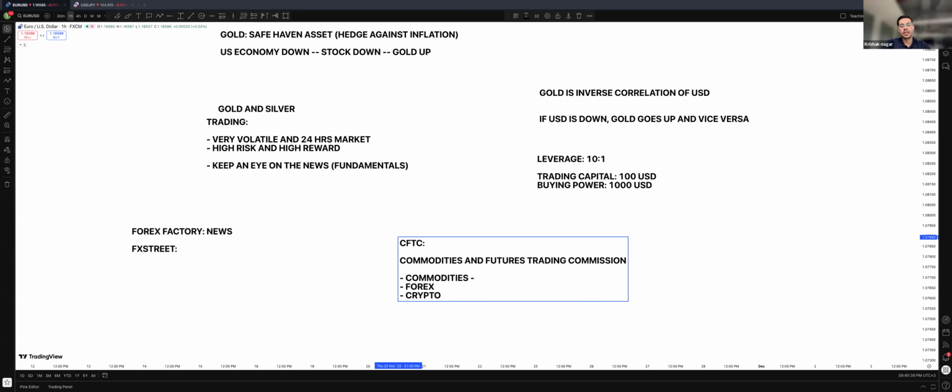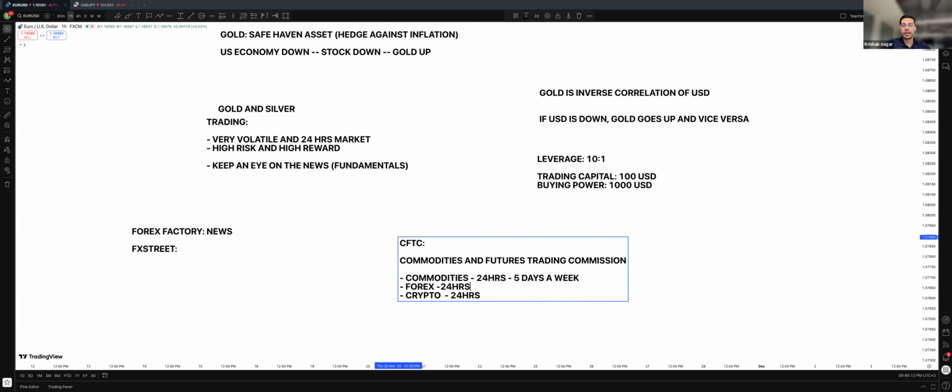An interesting thing is that all the assets that are under CFTC are 24 hours. Crypto markets are 24 hours, commodities are 24 hours, Forex is also 24 hours. So the markets are open around the clock, but commodities are open 24 hours, 5 days a week, Monday to Friday.